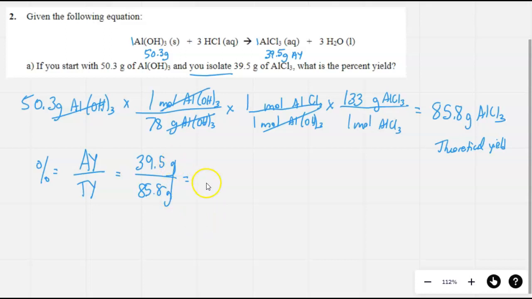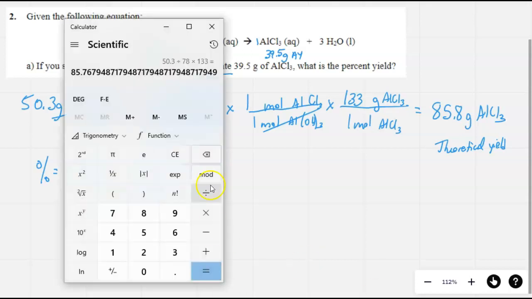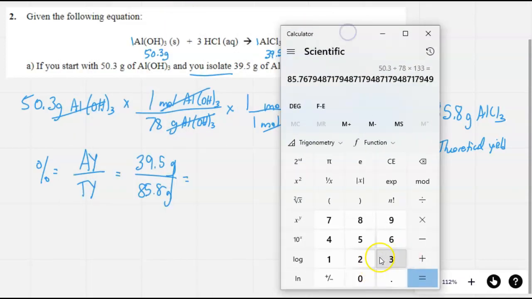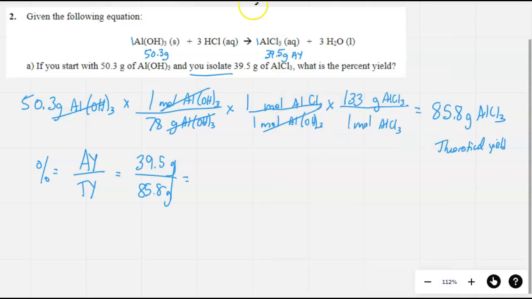And like we said, the percent, 39.5 out of 85.8 comes out to be 46.0%. So good job. Is there anything we have questions on there?